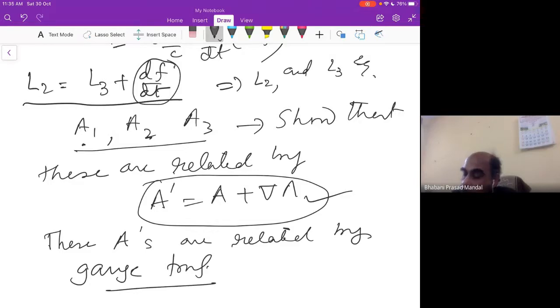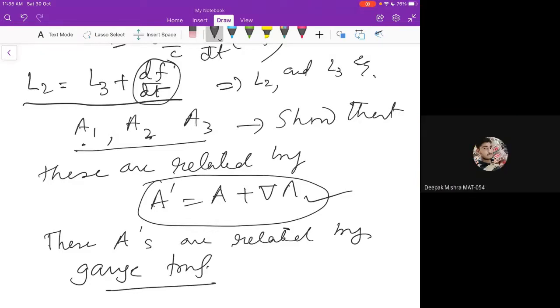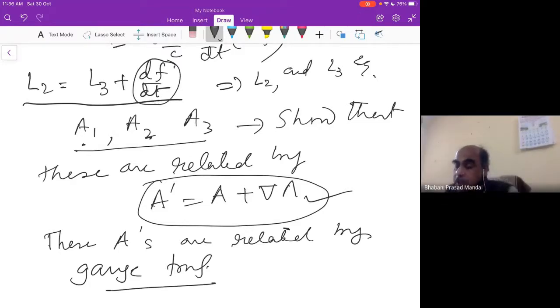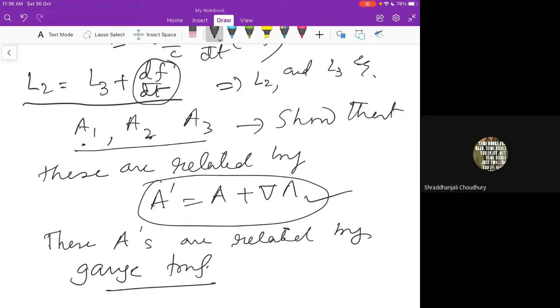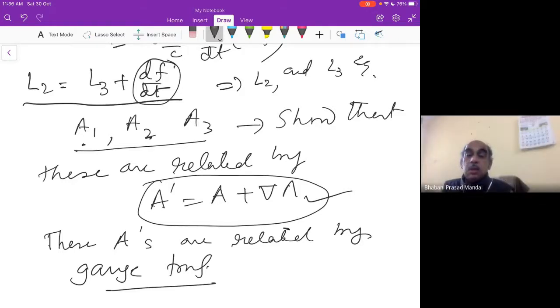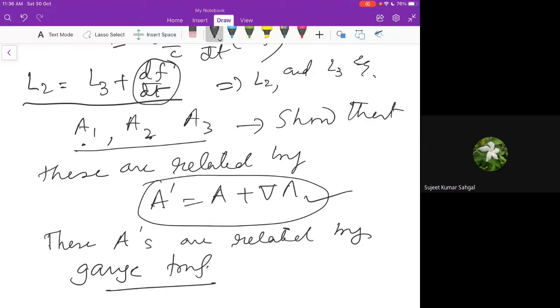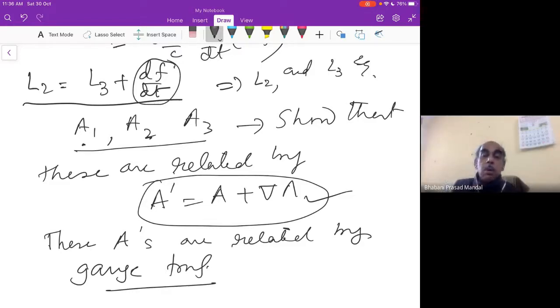Anybody else? Somodeep Mukherjee, 150. Shraddhanjali, 145. Sujit Saigal, 200. Okay, so attendance completed.